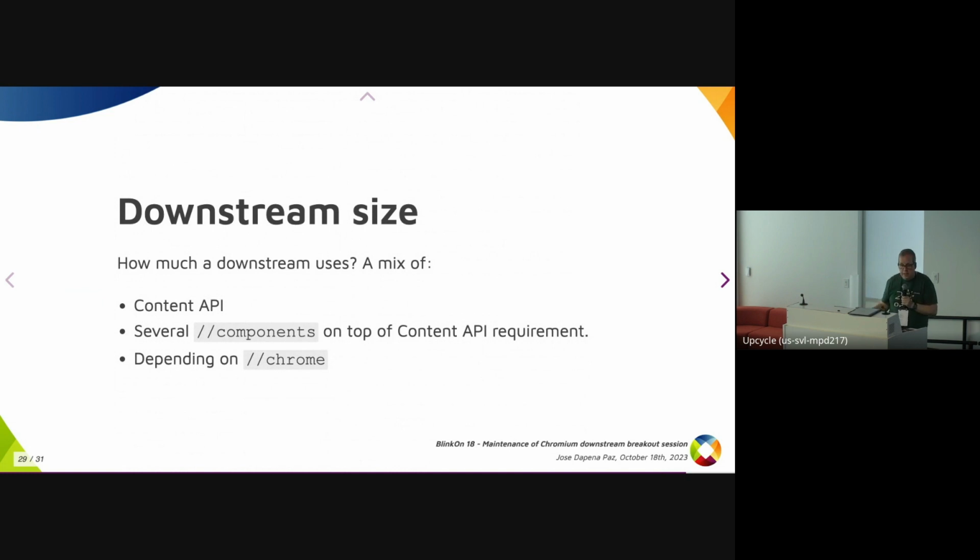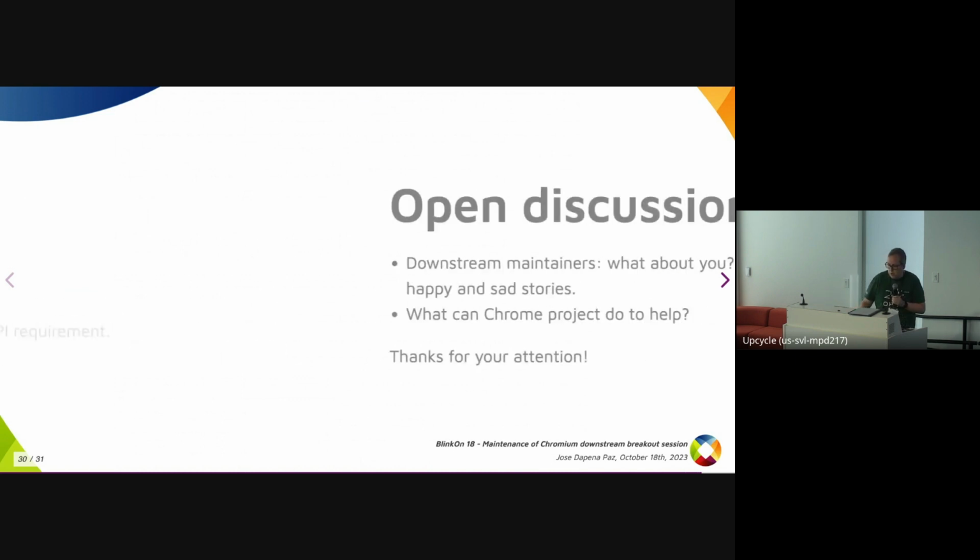You can use the Content API, being something very similar to Content Shell, maybe, or you take several components, or you directly depend on Chrome and you maintain everything on top of what already exists. The bigger the patch you carry on Chromium, the bigger the problems you are going to have with rebases, because you have dependencies also.